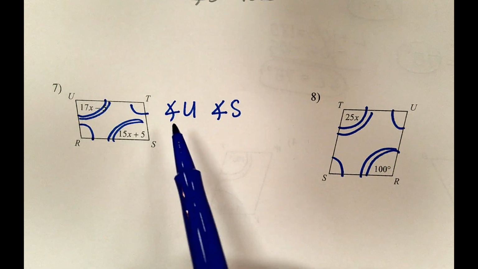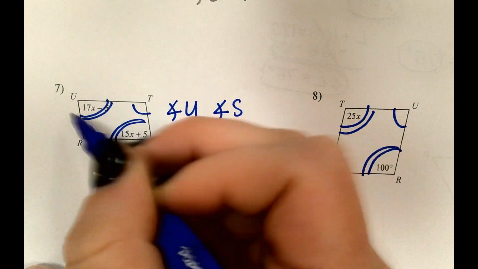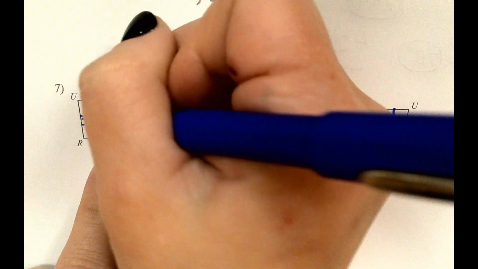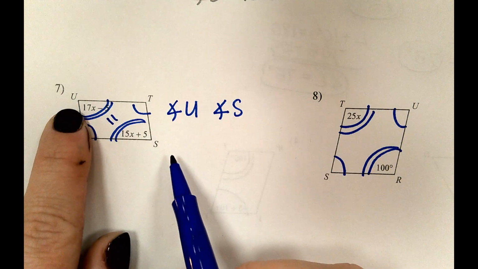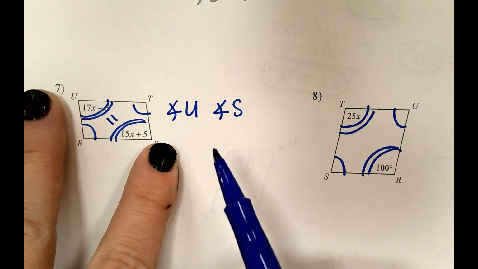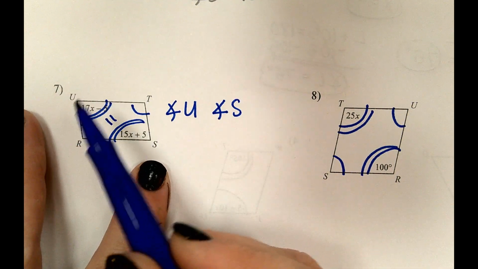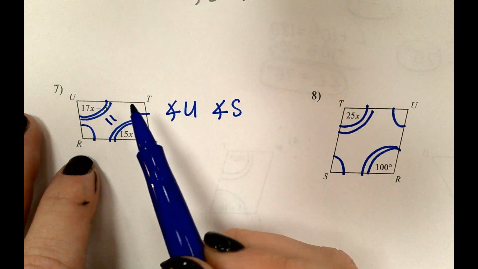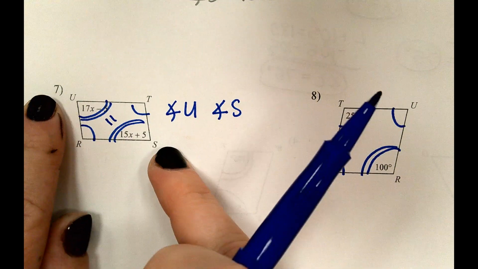If we remember back to the notes we took, angles that are opposite, right across from each other, should be equal to each other. And angle U and angle S are opposite angles. We can tell that from our arcs. So if I wanted to solve for angle T or R, I would add them up to 180. But U and S, we're going to set these equal to each other.